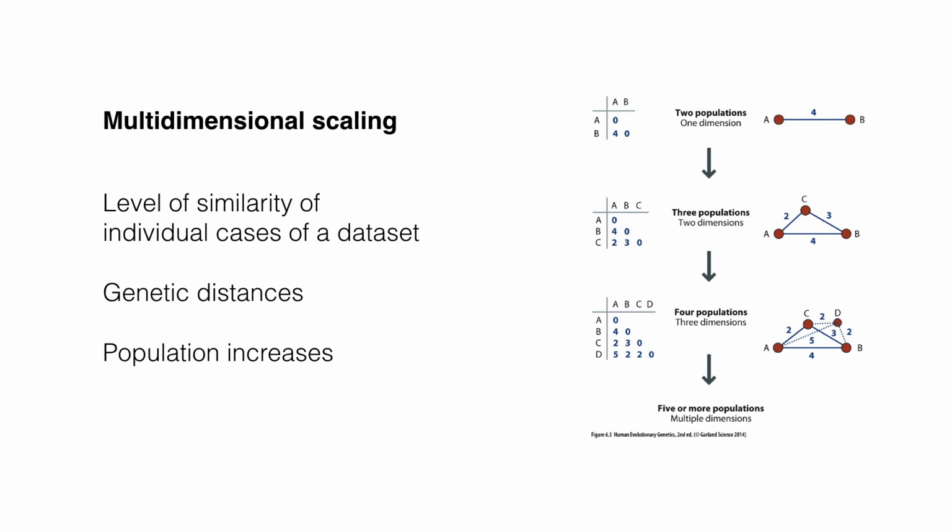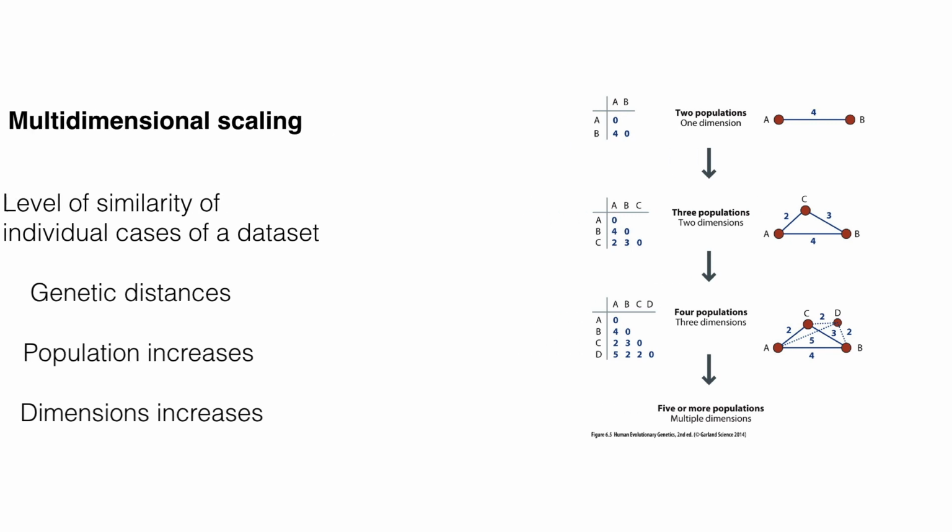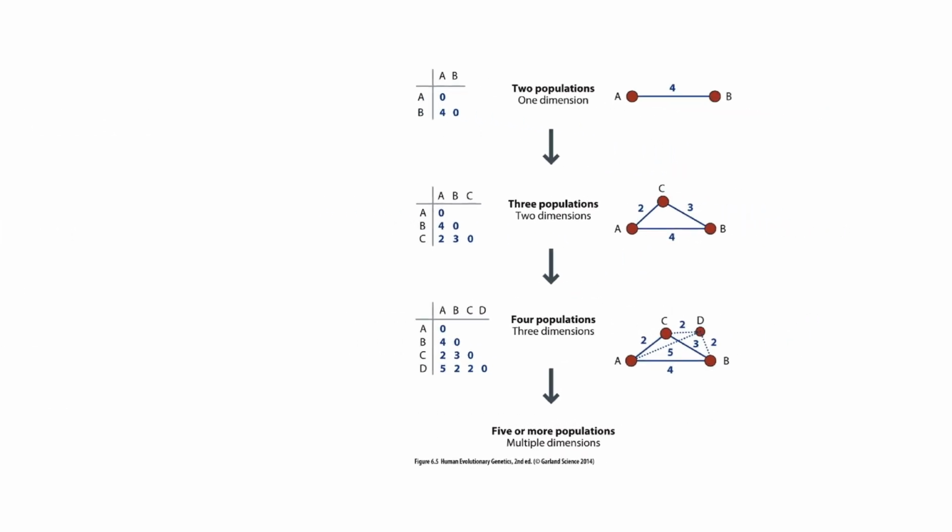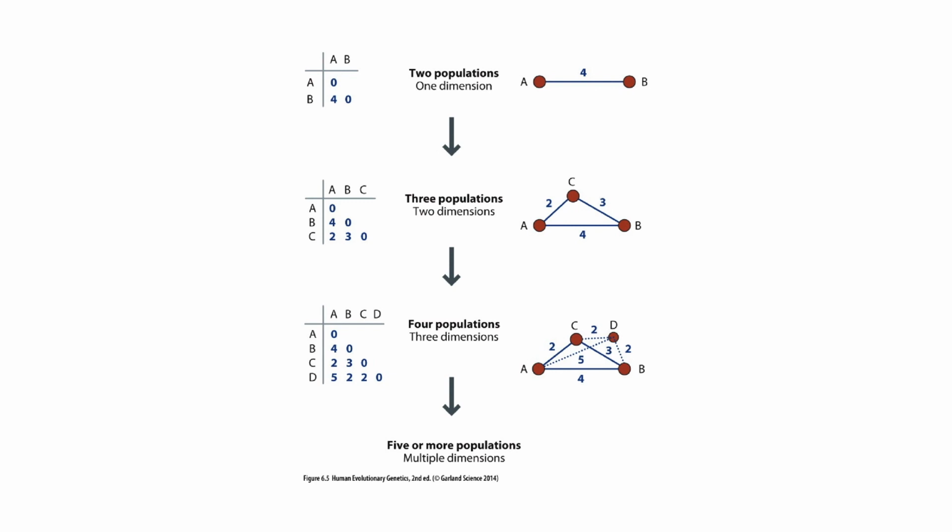As the number of populations increases, the number of dimensions needed to display these distances visually, such as the lengths of the lines representing genetic distance between them, quantitatively also increases. The researcher must decide on the number of dimensions before analysis. The more dimensions, the better the statistical fit, but it is more difficult to interpret the result.